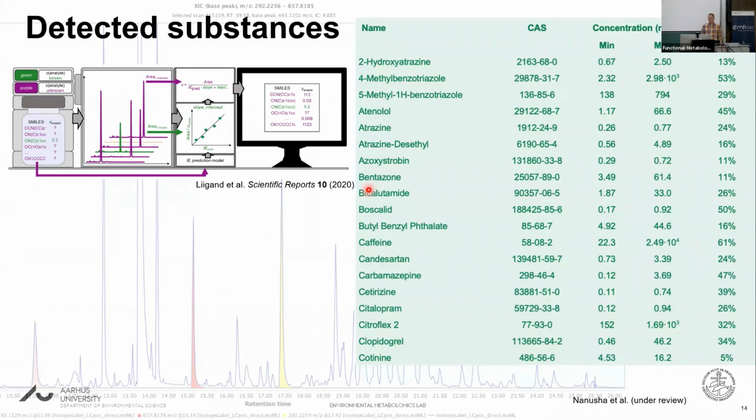Then we take that information and we try to quantify the abundance of the molecules. And we do that with semi-quantification methods that have been published by others. So we added 17 internal standards. And if you can see these colored peaks in the background, those are the internal standards.